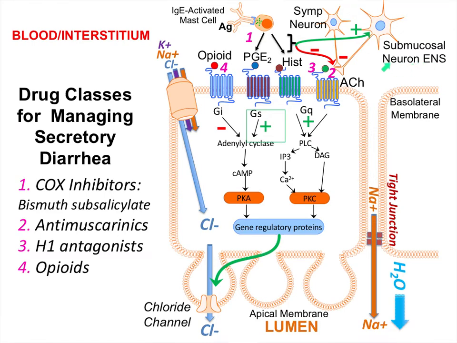We talked about the submucosal enteric nervous system neuron that has a positive effect in this case by releasing acetylcholine through the phospholipase, diacylglycerol, inositol triphosphate, calcium, protein kinase C, gene regulatory proteins. We get more chloride channels.